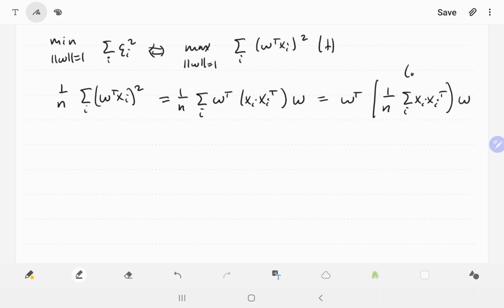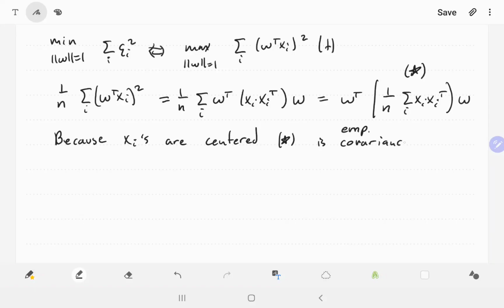Let's think about what the star is. Because the xi's are centered, the star is the covariance matrix, the empirical covariance, or the sample covariance matrix. So we have that observation.